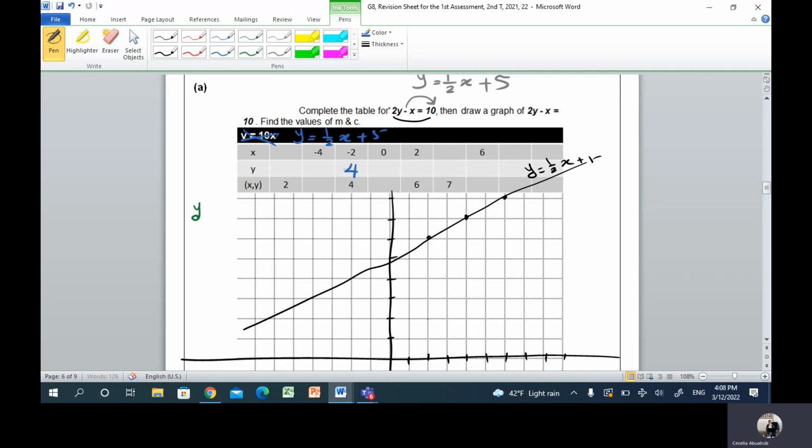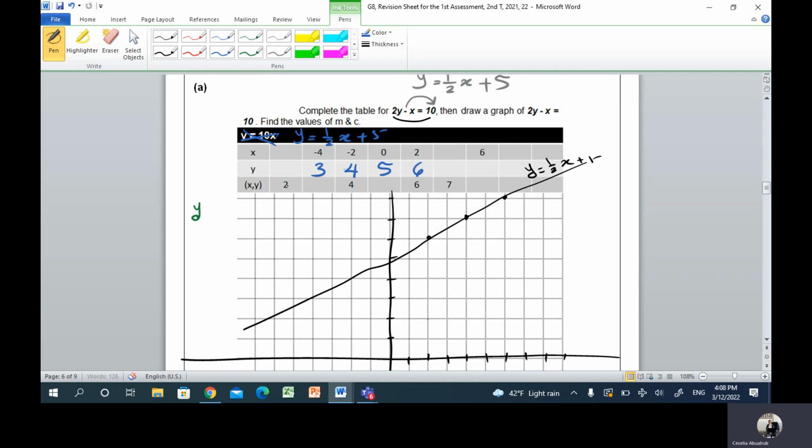Okay, if x is equal to -4, so you're going to say half times -4, it will be -2 plus 5, so this one will be 3. If x is equal to 0, then this one will be 5. If x is equal to 2, then you will say half times 2 is 1. 1 plus 5, this is a 6.